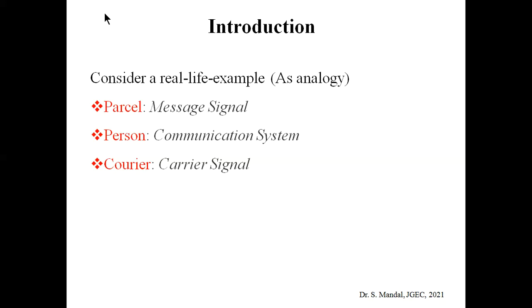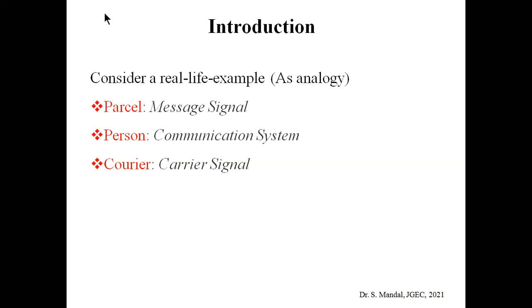We want to send the message signal to a certain destination or over a long distance. Whenever we want to send the message over a long distance, we need a communication system. So we can assume the person as the communication system, but we cannot send the message signal directly over a long distance. The reason behind it will be discussed in the upcoming slides.